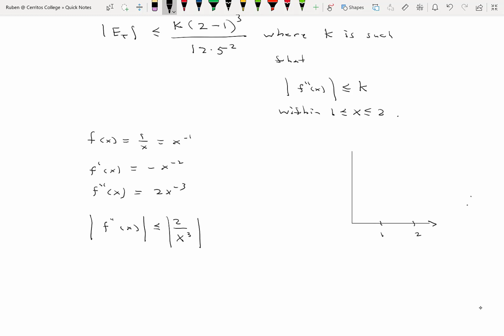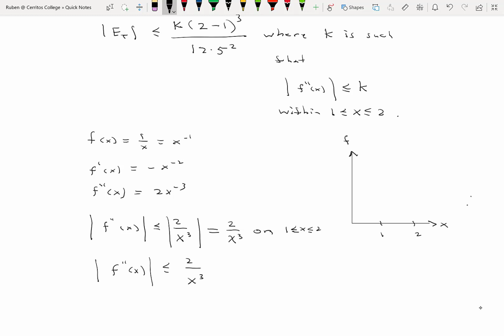So if x is positive, 2 over x cubed is positive. So we can eliminate the absolute values on the right-hand side of this last inequality. So the absolute value of our second derivative is no bigger than 2 over x cubed on the interval from 1 to 2.